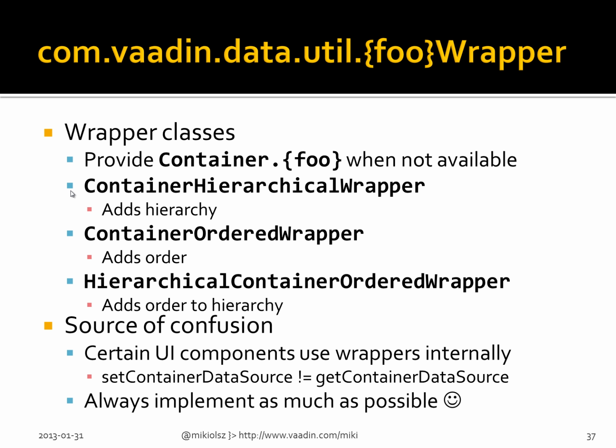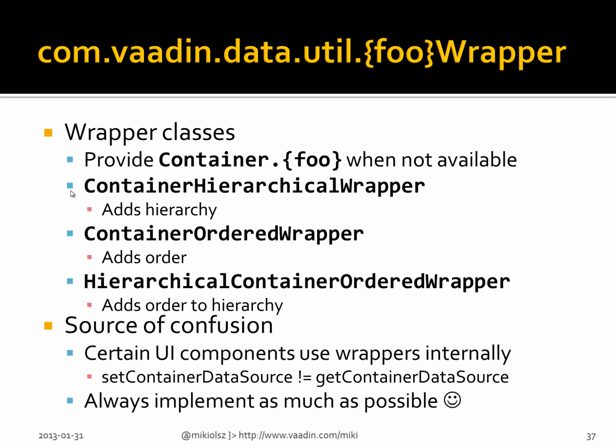Then there are wrappers. So if you have a container already and your container is missing a feature that you would like to have or you require in your application, you can use wrappers, and they are supposed to provide you that missing functionality.